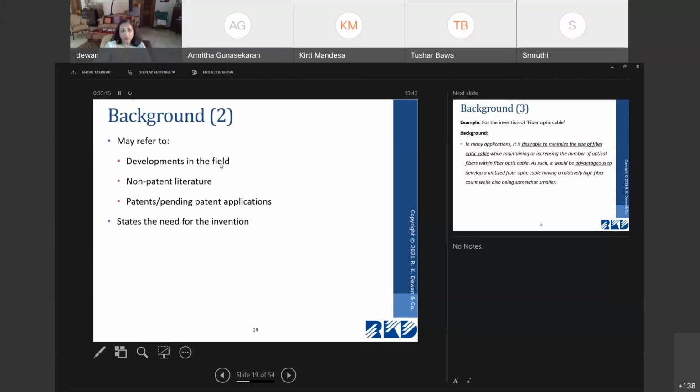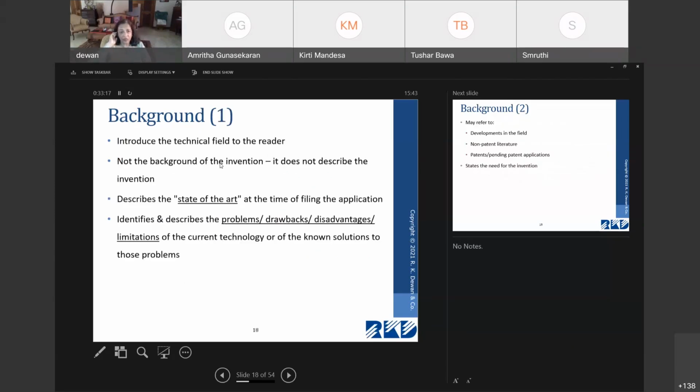We are only going to describe the technical field, what has happened in that technical field so far, and if there was a problem, then what the problem was. So we describe the state of the art at the time of filing of the application.